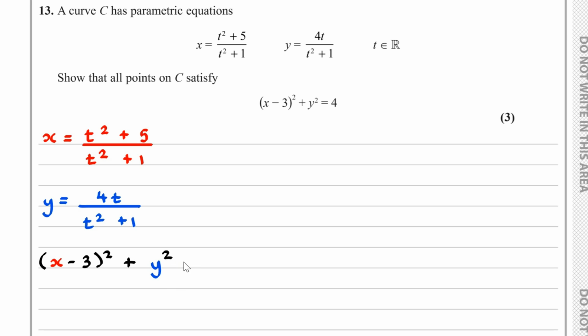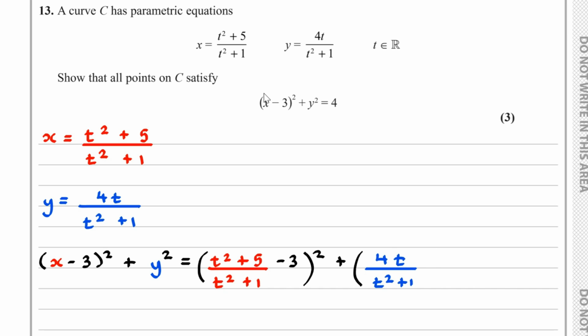And if we substitute in as necessary, we've got x, which is (t squared plus 5) over (t squared plus 1), and then the minus 3, all squared, plus y squared. So we will square 4t over (t squared plus 1).